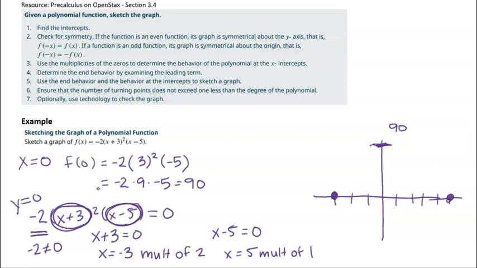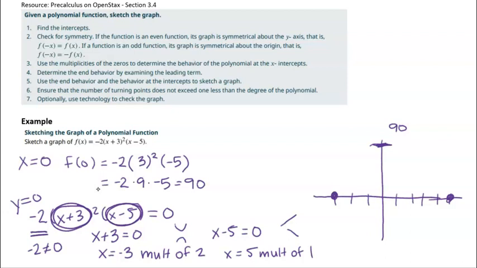All right, use the multiplicities of the zeros to determine the behavior of the polynomial at that x-intercept. Well, at -3, since I have a multiplicity of 2, my 0 is going to have a bounce. At x equals 5, since I have a multiplicity of 1, I'm going to just go through like so. Determine the end behavior by examining the leading term.